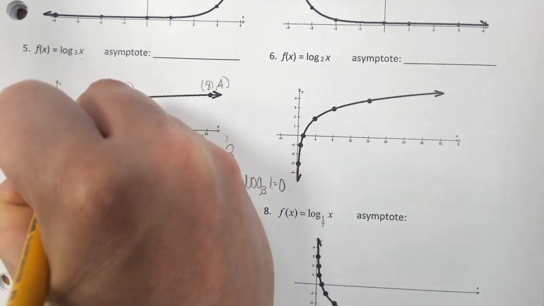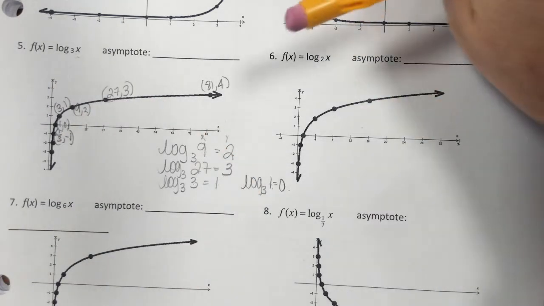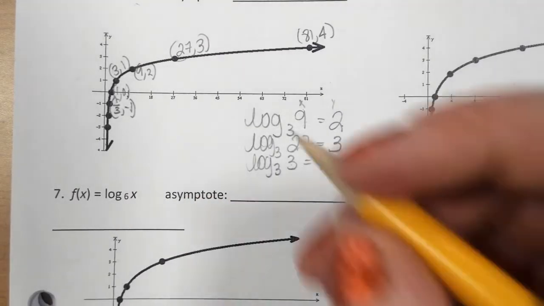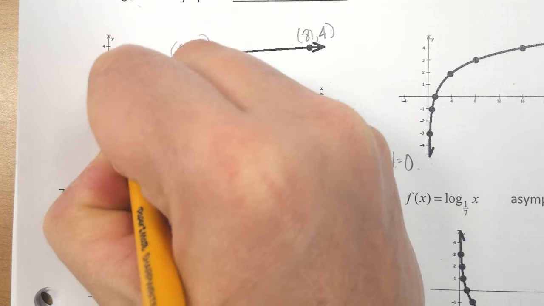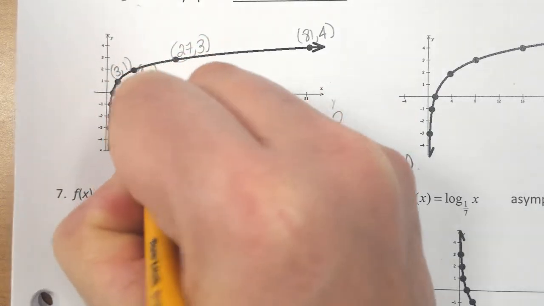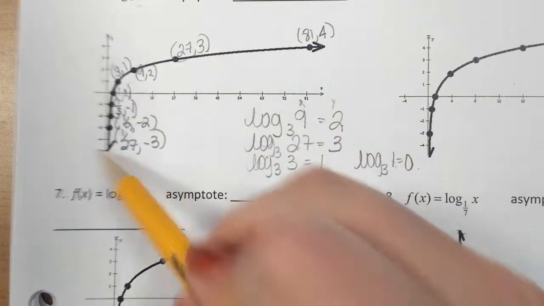So that's going to be this point right here, 1/3 comma -1. And then we would have 1/9, -2 and 1/27, -3. I know those are kind of hard to see, but that's what these points are.